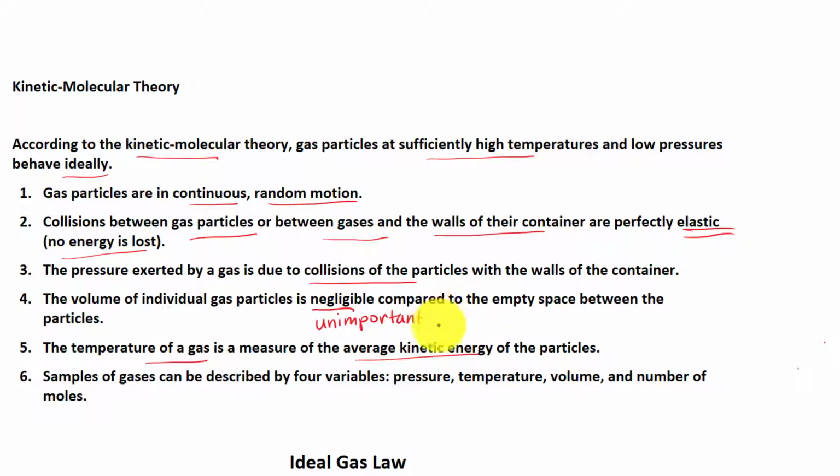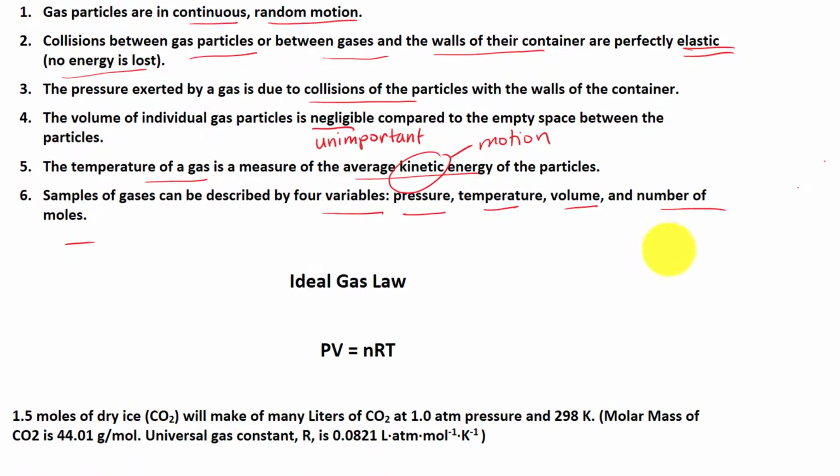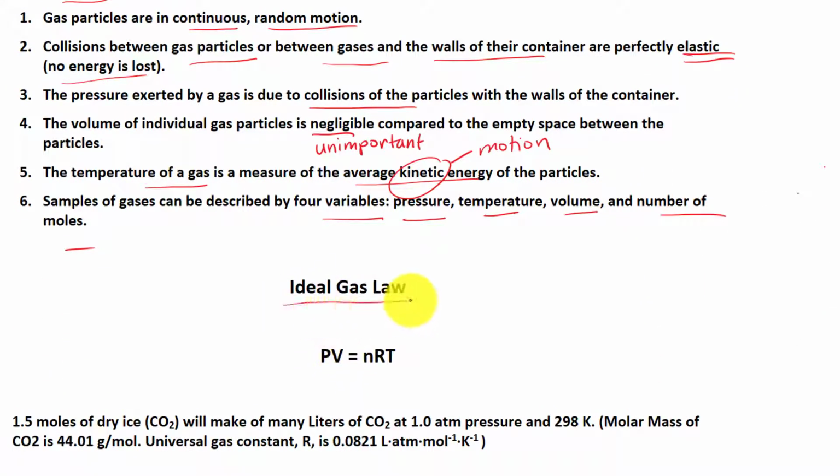And of course, the word kinetic means motion. So the higher the temperature, the greater the average kinetic energy, which means the particles will move faster at higher temperature. Lastly, a gas sample can be described by 4 variables: pressure, temperature, volume, and the number of moles. And that can be given in terms of the ideal gas law, PV equal to nRT.